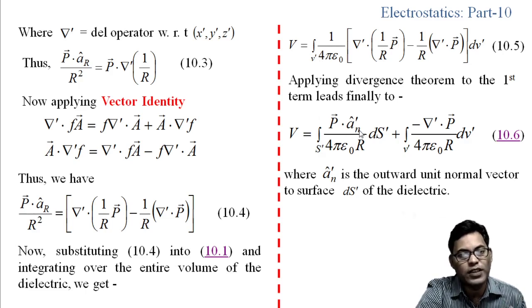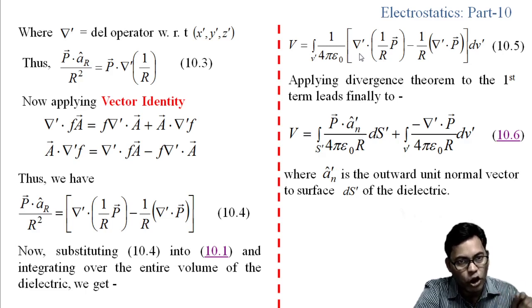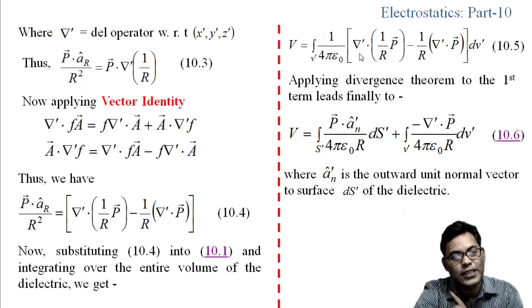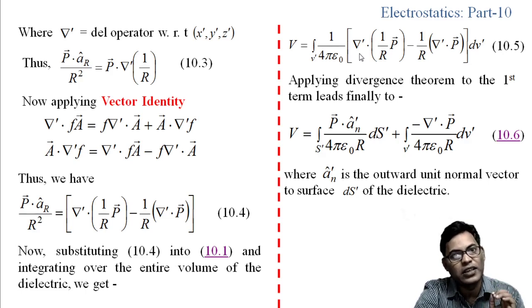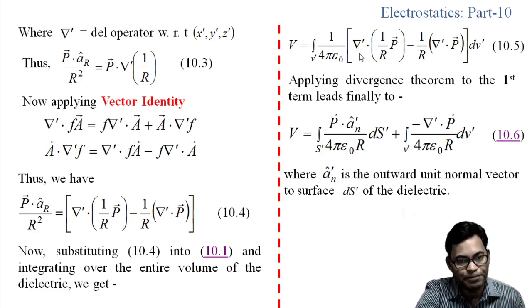The first one you can see that because we know the volume integral of del dot any vector A equals the surface integral of A dot n ds. That we know. If you cannot remember now, you can check my initial videos where the relationship between the surface integral and the volume integral using the divergence theorem is given.